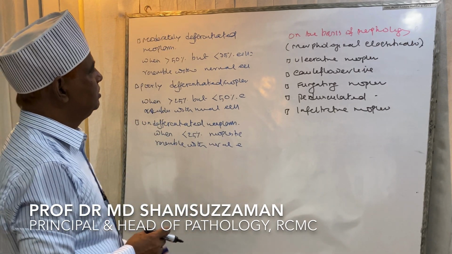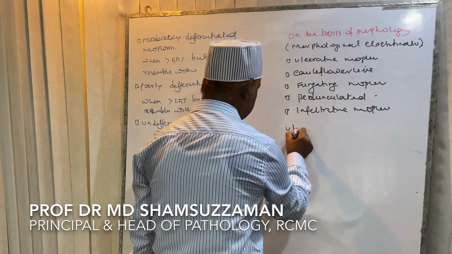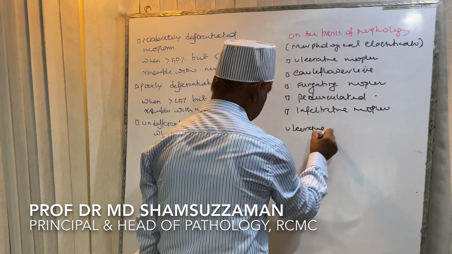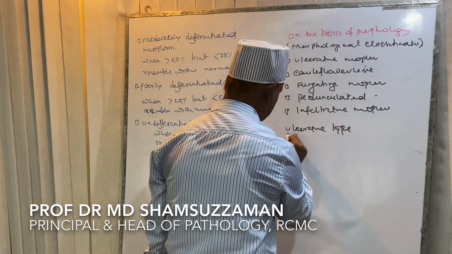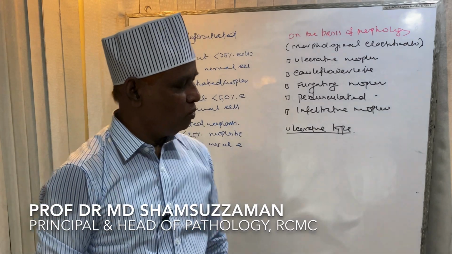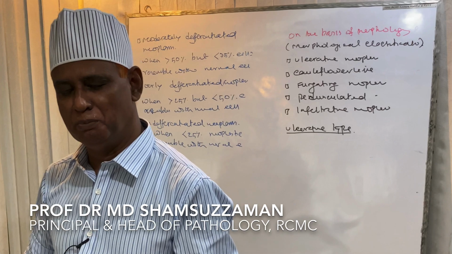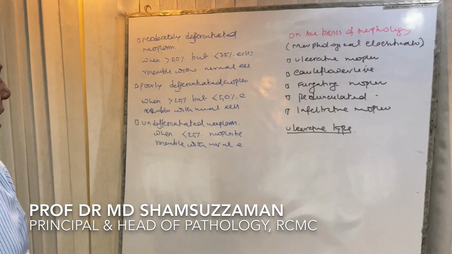Dear audience, first come to the ulcerative type. I have told you that a neoplasm on whose surface there is ulceration is called an ulcerative type of neoplasm. First, we have to know what an ulcer is.